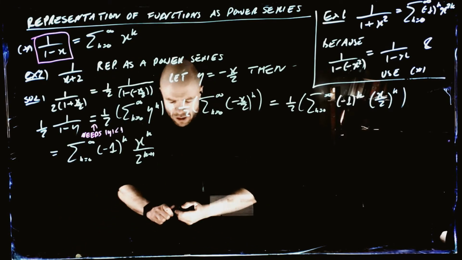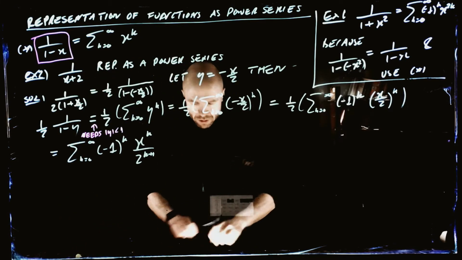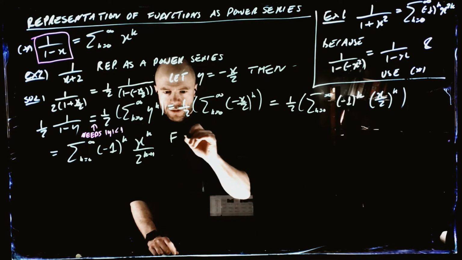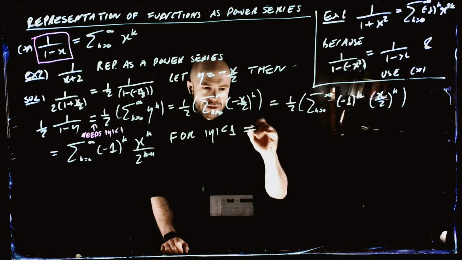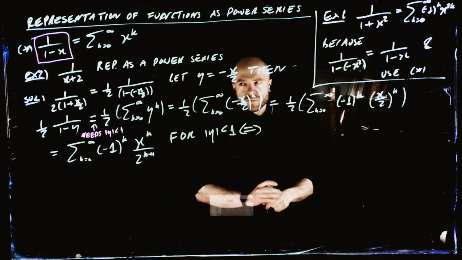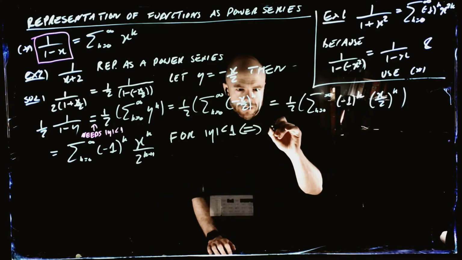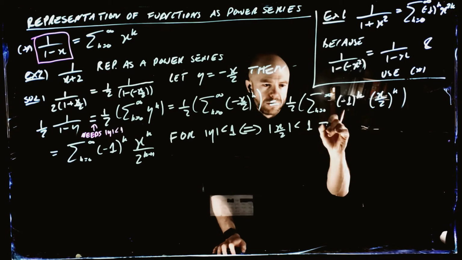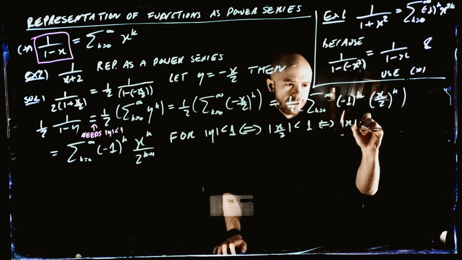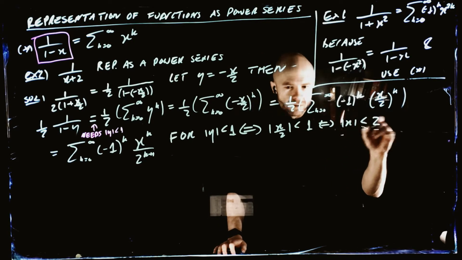So, since this is only true, that's the same as saying that mod of x over 2 is less than 1, which is the same as saying mod x is less than 2.